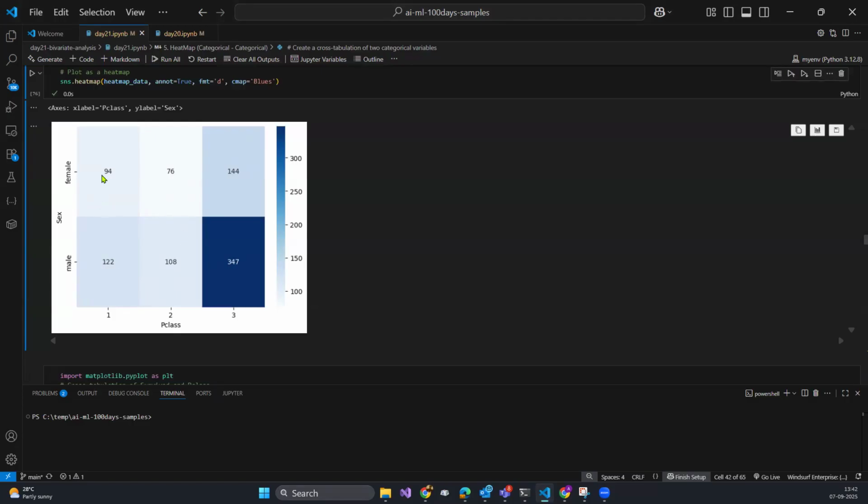Even in class 1, the female versus male distribution shows somewhat more difference than class 2. So this is one intuition we are able to see.